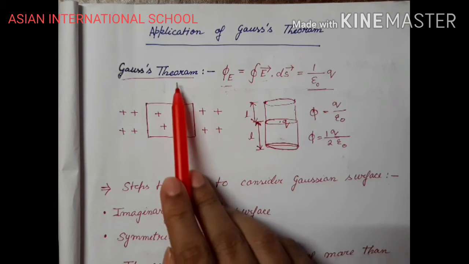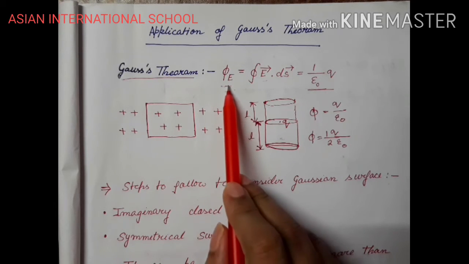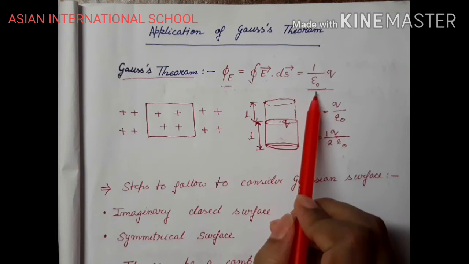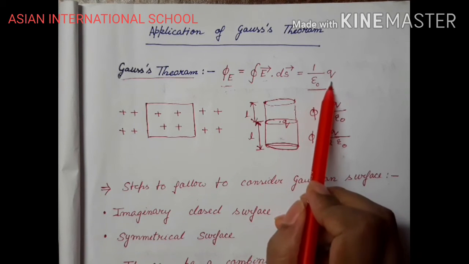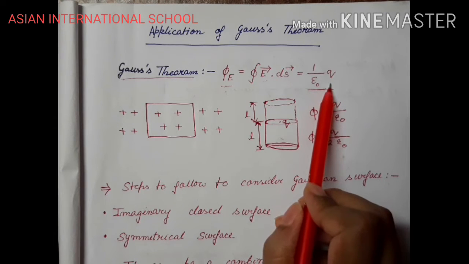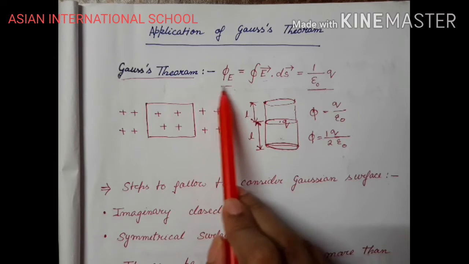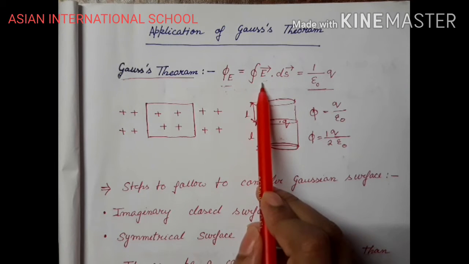The Gauss theorem or Gauss law states that the net flux in the system is 1 by epsilon naught times the total charge q which is enclosed within the system. And if you remember, the Gauss theorem helps us find the electric field in an easier way.